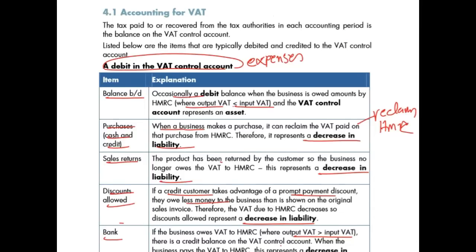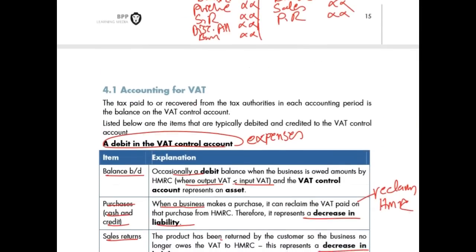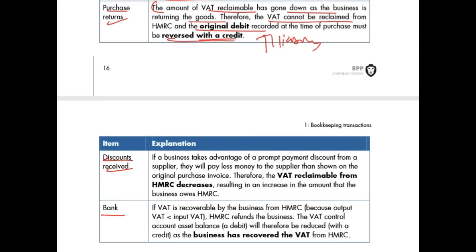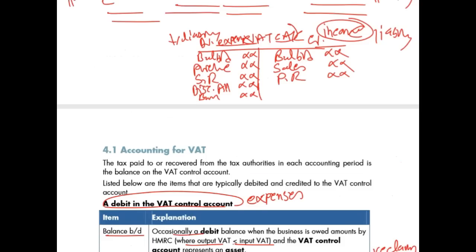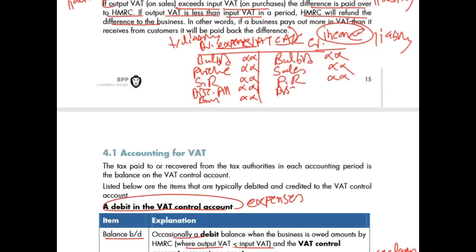We said sales, purchase return, discount received, and bank. Balance CD and balance BD could be one only. Then you do the total. You check which side is bigger. Mostly the credit side would be bigger. Take away all the items and you get balance CD, which becomes balance BD.